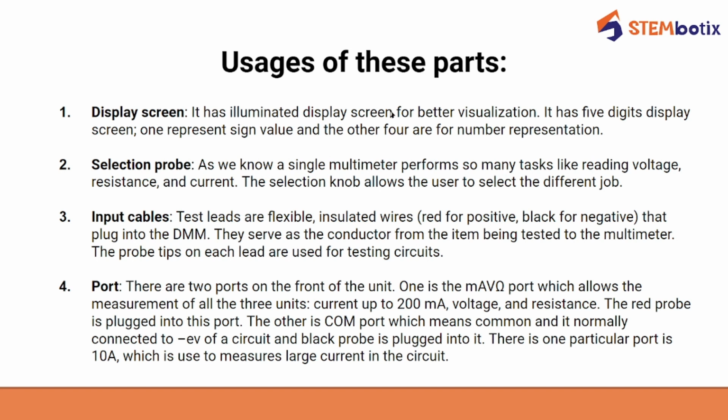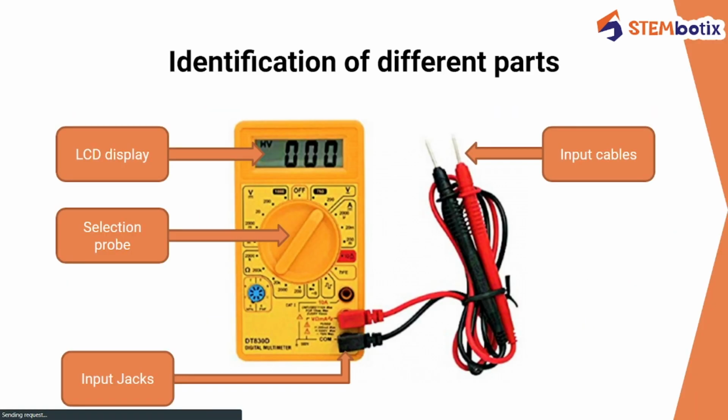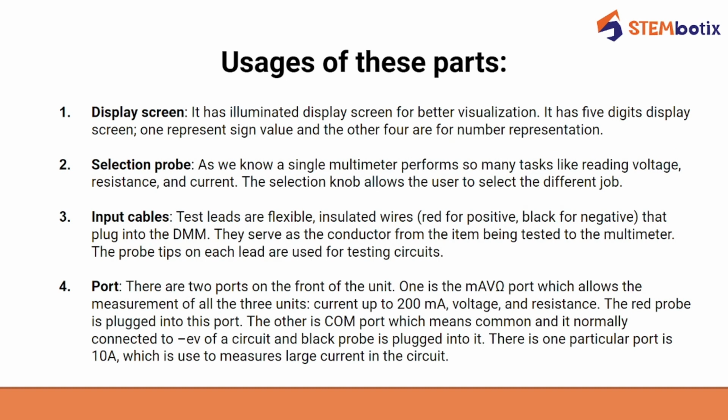Now, the usages of these parts, or the functions of each and every section we have seen in this image. First is the display screen. It has an illuminated display screen for better visualization. It has a 5-digit display screen. One represents the sign value and the other four are for number representation.